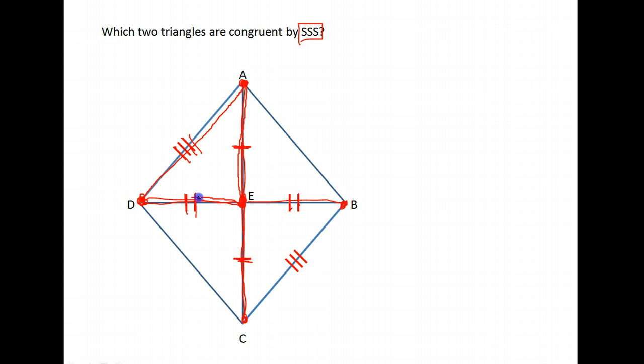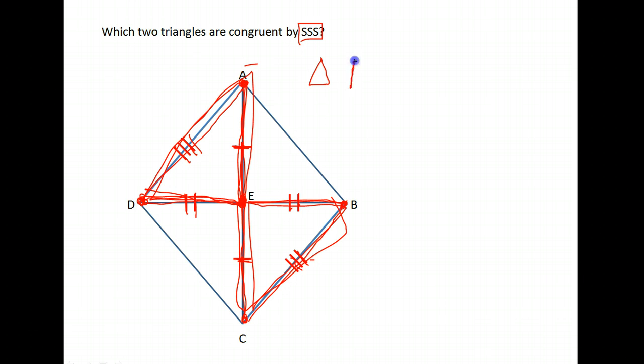So here we have one full triangle. It should be congruent to the other triangle with those corresponding sides. Here's our three marks, so we have to use this one. So there are our two triangles. We want to name them, and we want to name them in the correct order. The first one we can name in any order we want. Let's try triangle AED.